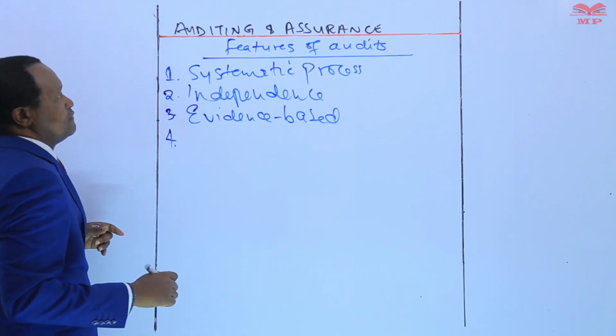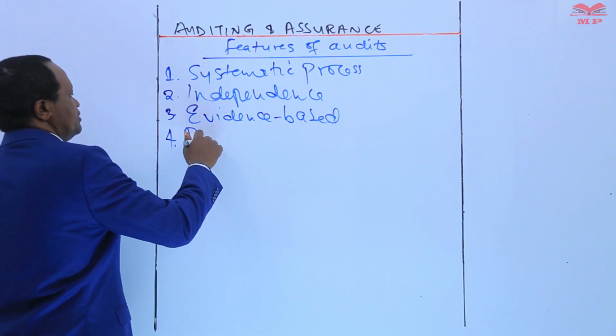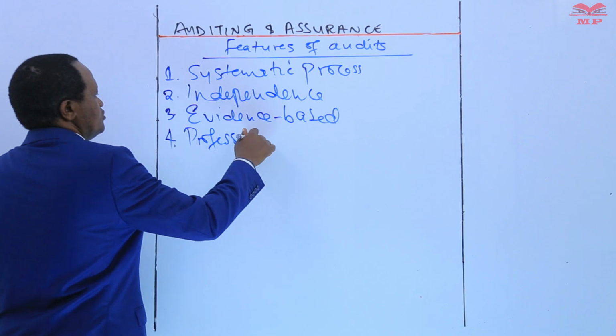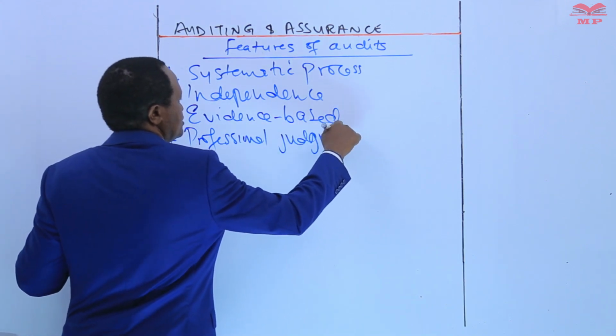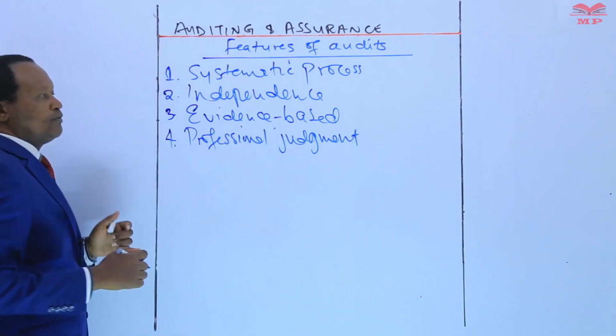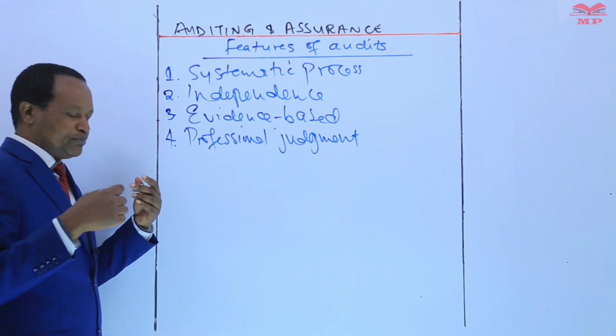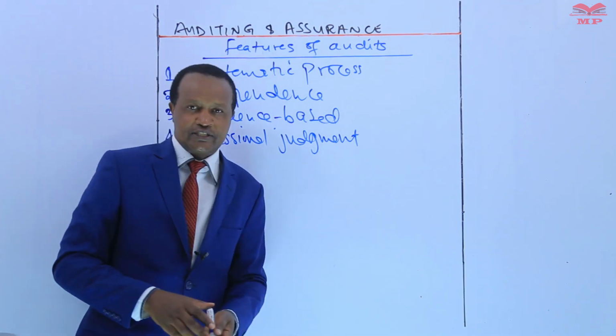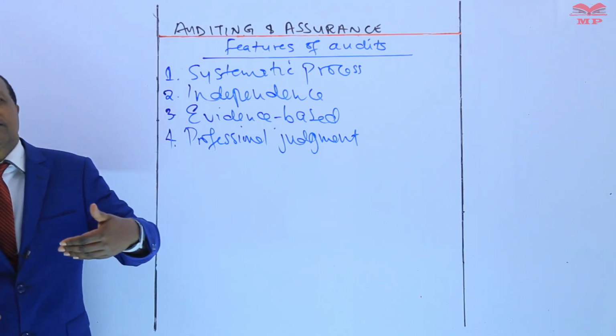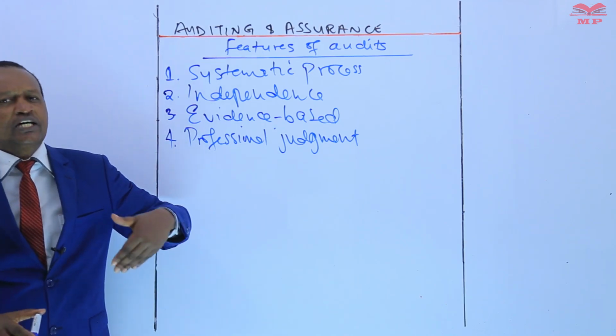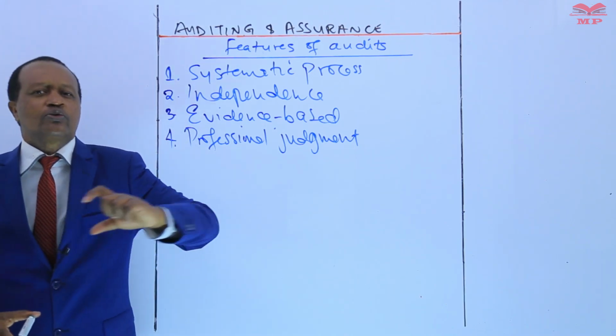The fourth feature is professional judgment. Auditors use their professional judgment to interpret evidence, to assess risks, and also make informed decisions throughout the audit process.